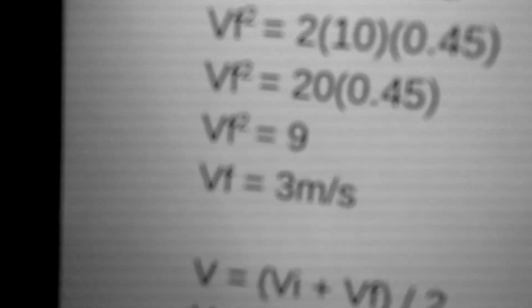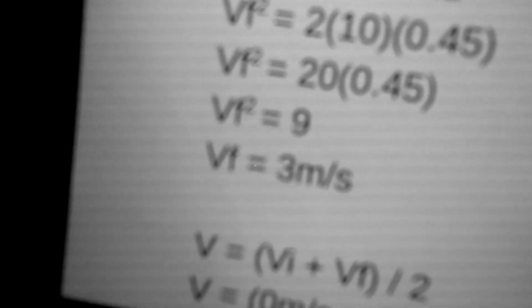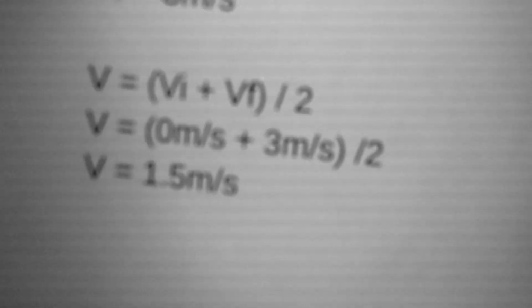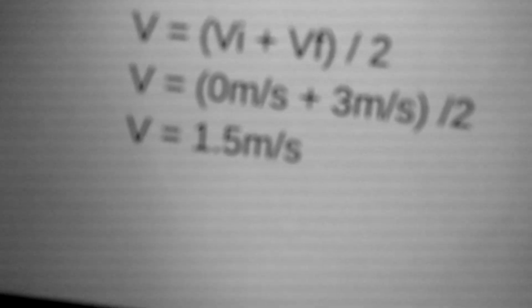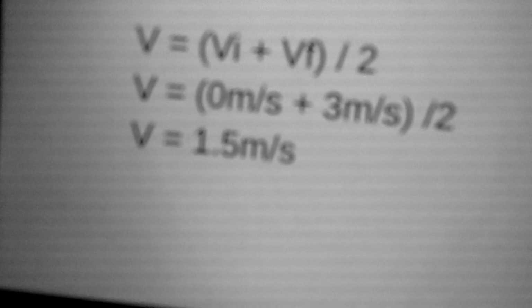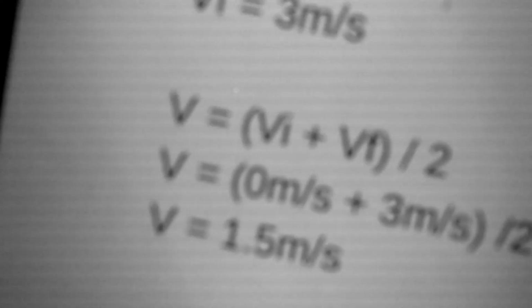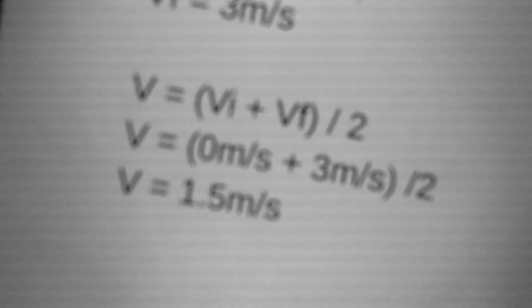And with these calculations in mind, bam, a final velocity of 3 meters per second. And in case you were interested in the average velocity, 1.5 meters per second, after inserting the initial velocity and the final velocity into the average equation.